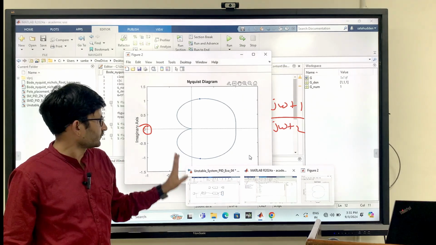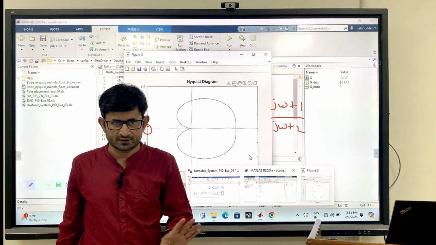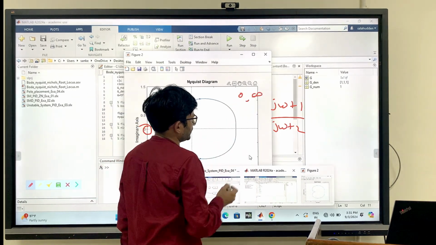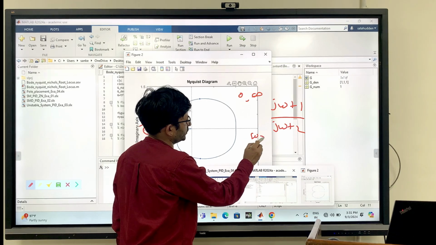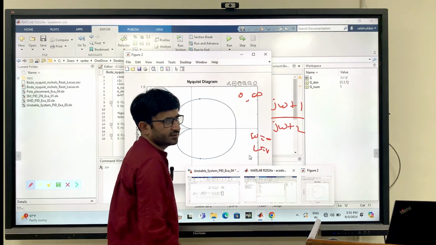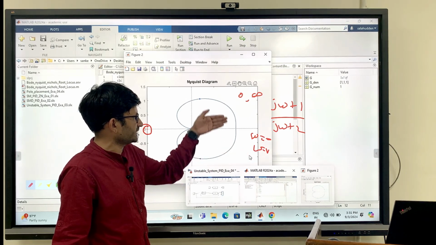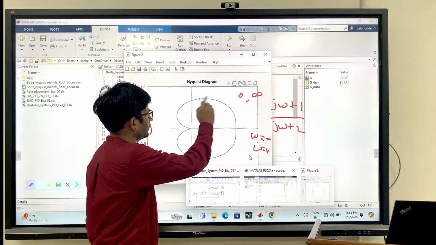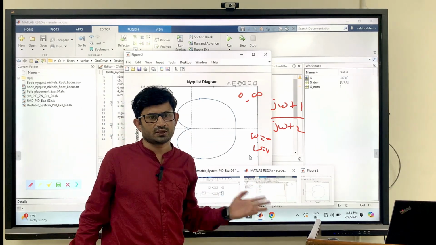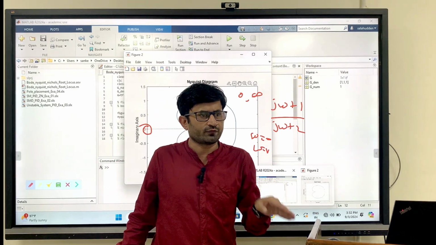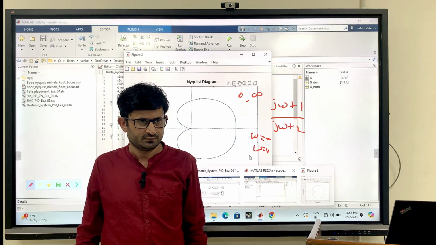If you are not hitting this point, that means you are stable, right? And why from 0 to infinity? First you calculate by putting omega equal to 0 and then omega equal to infinity, because when you put omega equal to minus infinity, it is a mirror image. So you draw only one part and take the mirror image, and the other part will be automatically drawn. That is why you take 0 to infinity, not from minus infinity to plus infinity.